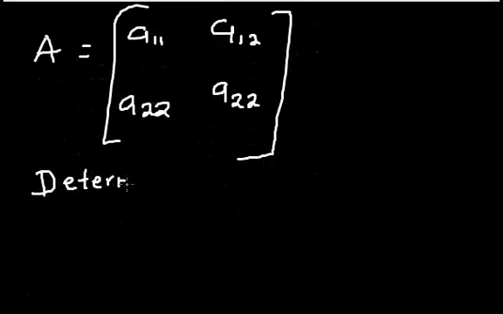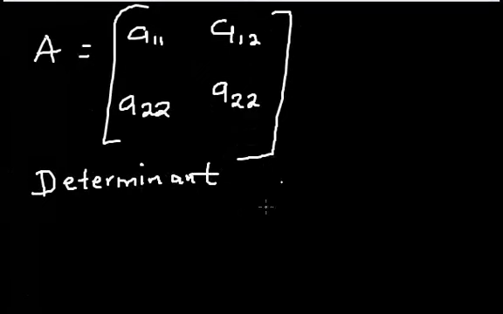If I'm being asked to find the determinant of A, invariably I'm asked to find the magnitude of this array. So the determinant of A is always expressed as the magnitude.